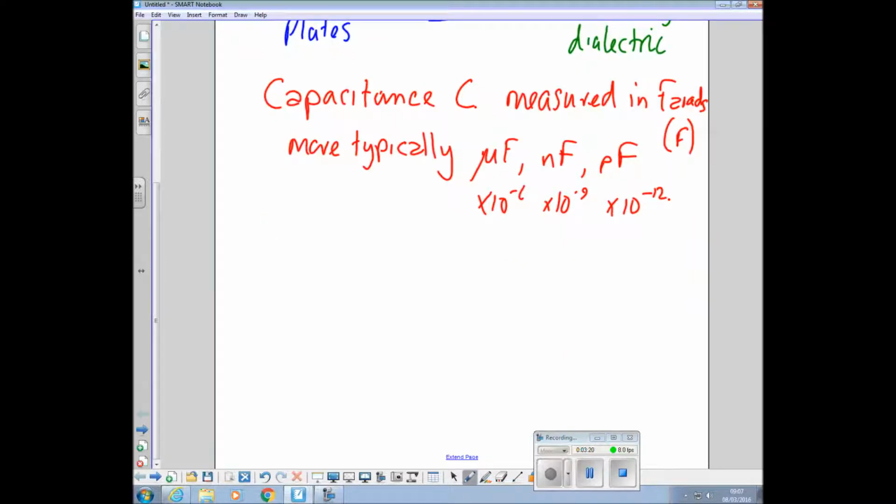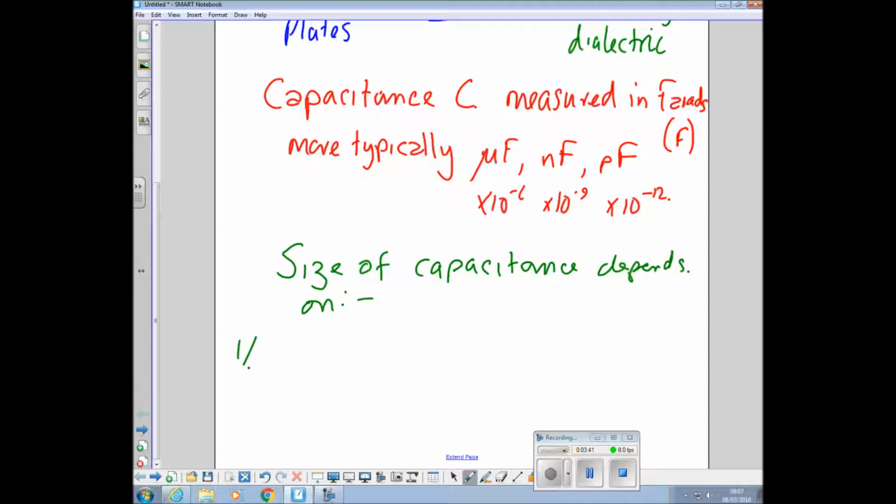The size of capacitance depends on, 1, the area of the plates. We add to that more area equals more C, more capacitance.